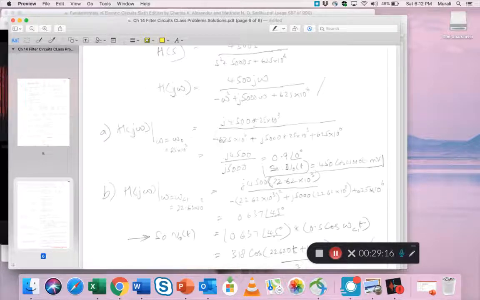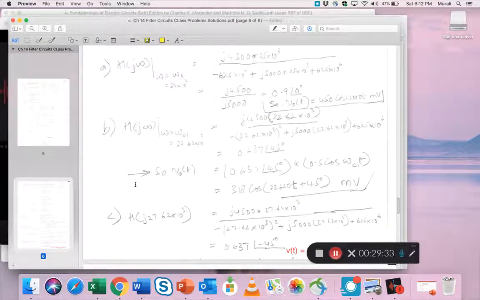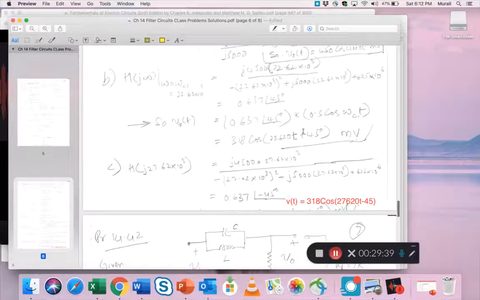So that's how you write the output expression. You remember, output equals transfer function times input, right? H(s) times input. So that's how I've written this equation. Similarly, we have to do 2 more, one at corner frequency 1, the other at corner frequency 2. I showed you the derivation.